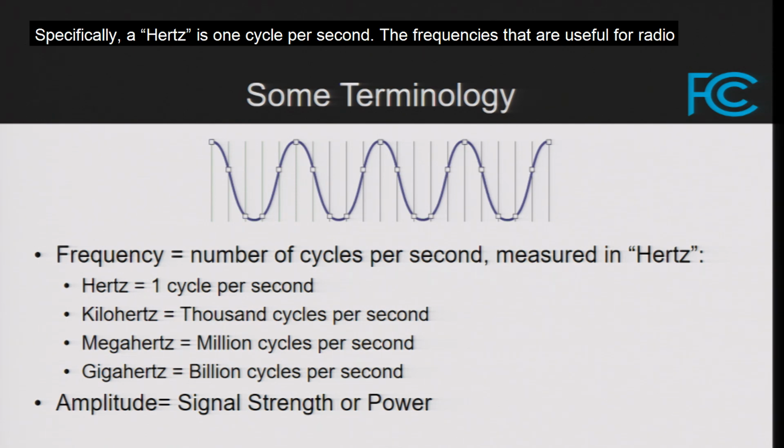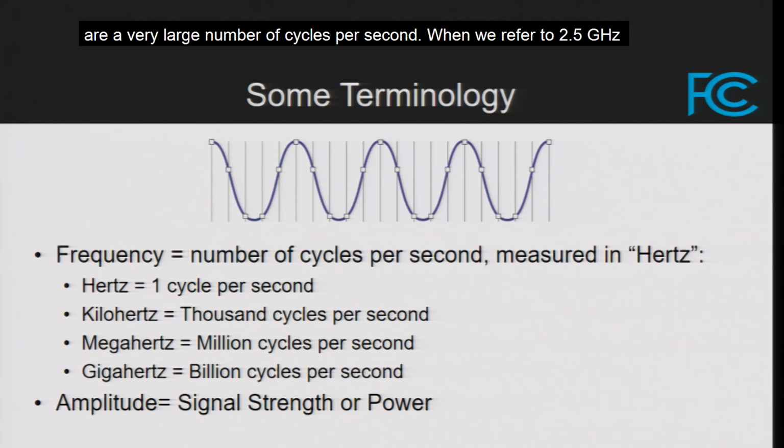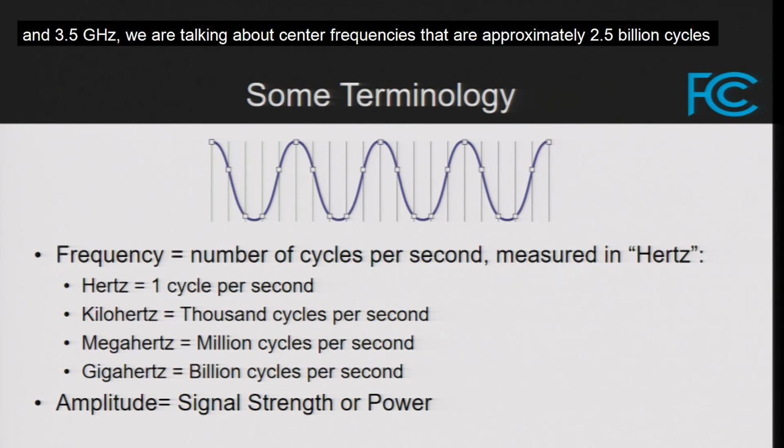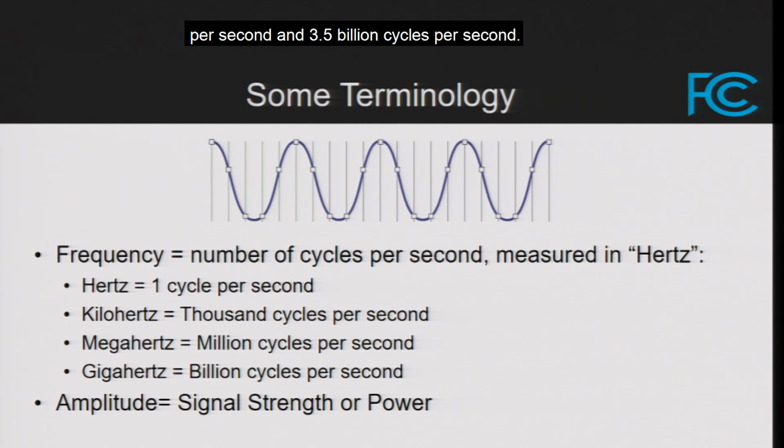The frequencies that are useful for radio are a very large number of cycles per second. When we refer to 2.5 gigahertz and 3.5 gigahertz, we are talking about center frequencies that are approximately 2.5 billion cycles per second and 3.5 billion cycles per second.